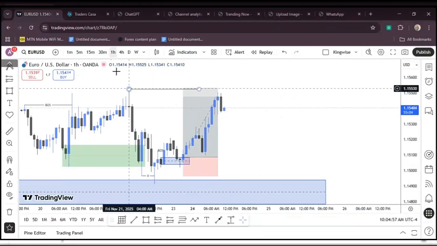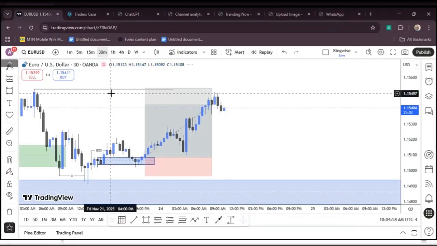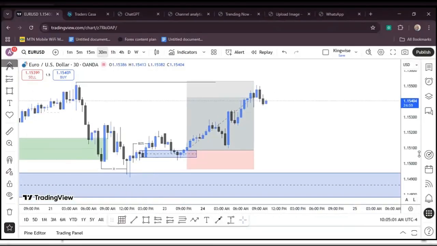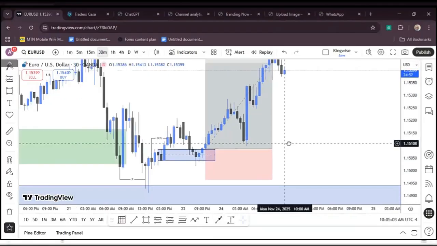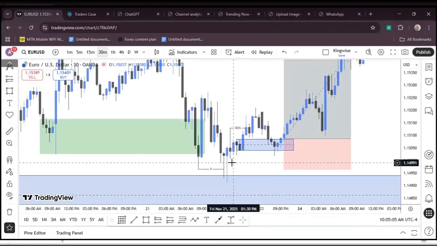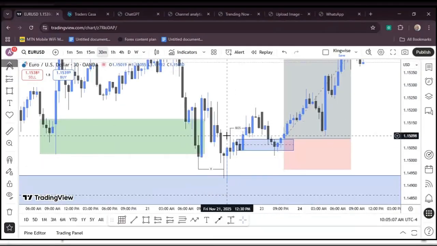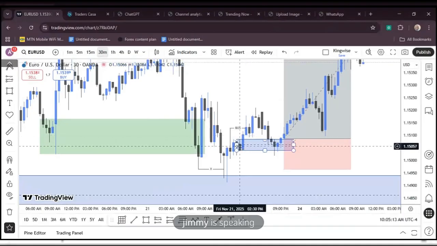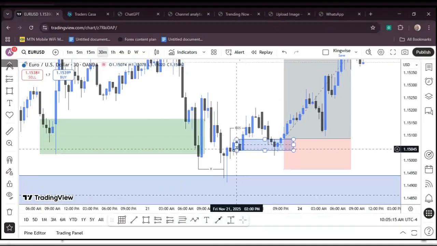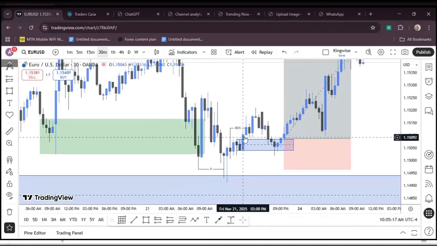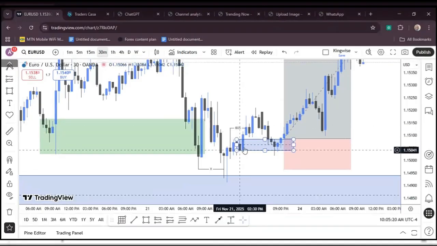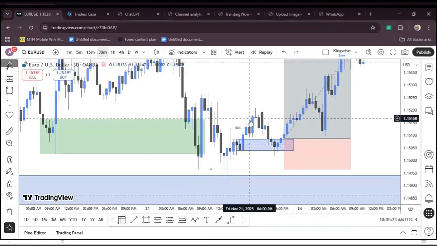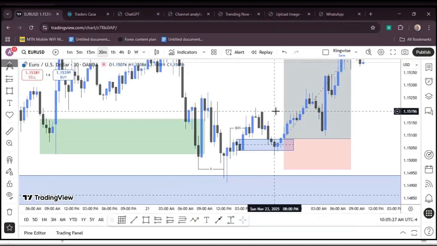So I came down to my 30 minutes, and this is what I saw on the 30 minutes. I saw a break of structure. The market bought all the way up, came back down, broke that structure, and then I marked this last candlestick before this impulsive candle that I showed here. I marked that candle yesterday, because this is still Friday's price.